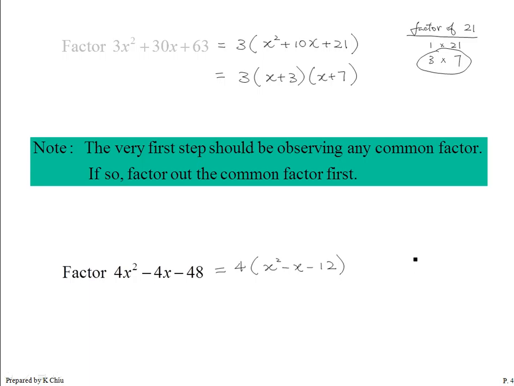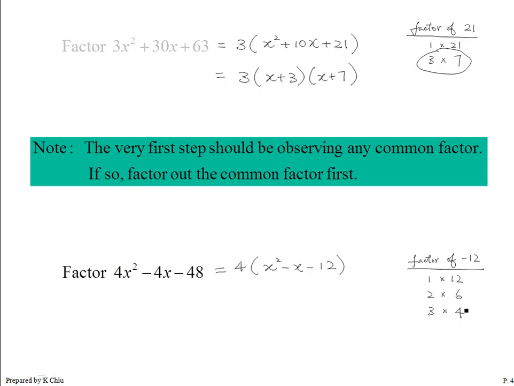So I will have the factors of negative 12 to consider. I have 1 times 12, 2 times 6, and then 3 times 4. That's it. Next one would be 4. I already have 4. But it's negative 12, so I need to give the negative to one of the factors. And which one would be the right pair?